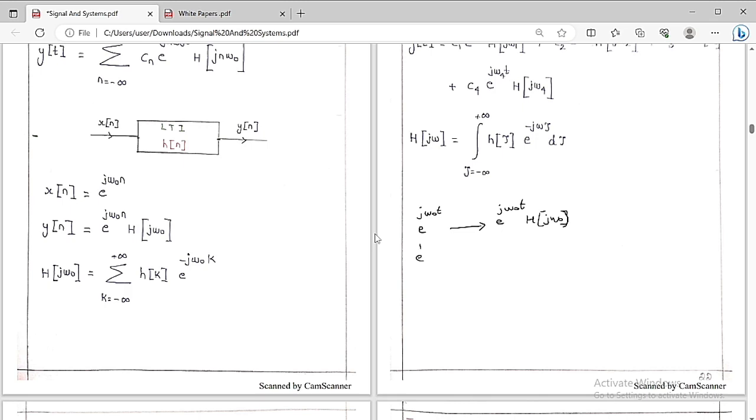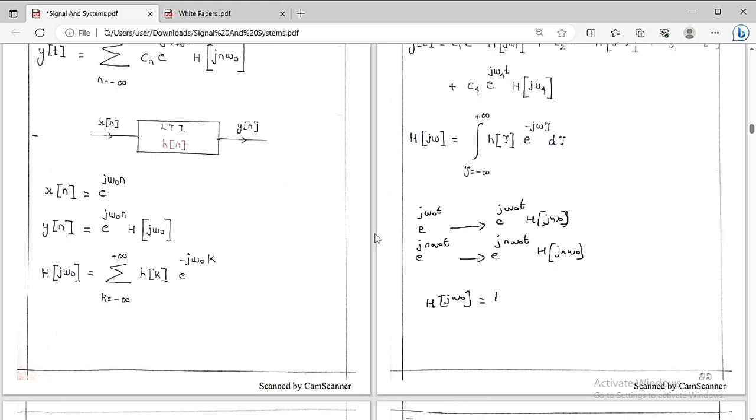Suppose the input is e to the power of j n omega naught t, then the output is e to the power of j n omega naught t into h of j n omega naught. I already told you the Fourier transform of h of t, which is h of j omega naught.